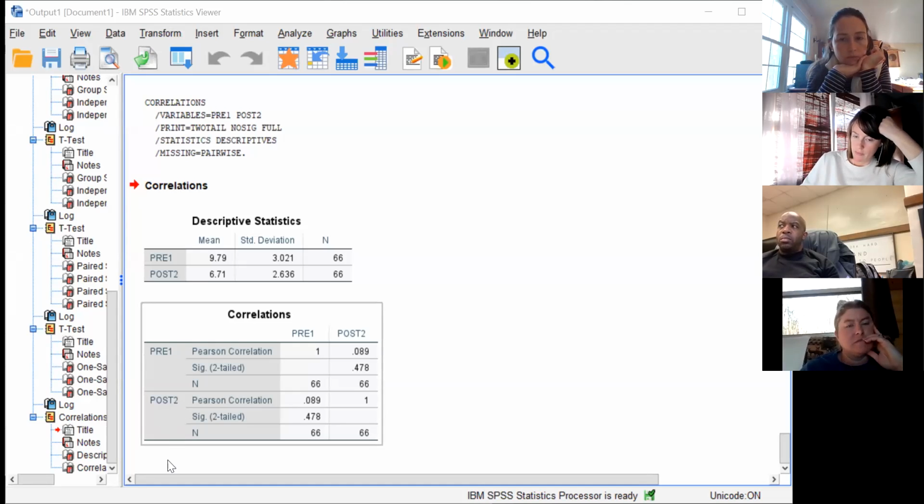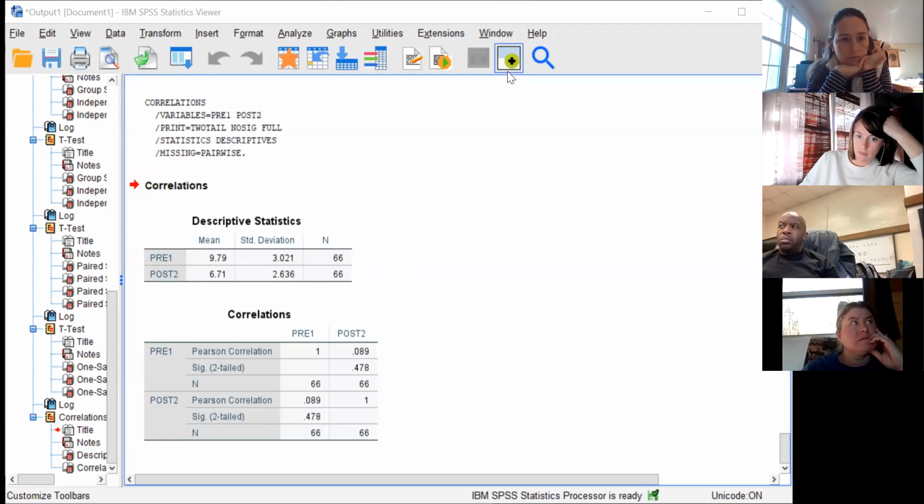Let's see if we can find something in here that's actually pretty well correlated. Let me glance at these data points a little bit real quickly.